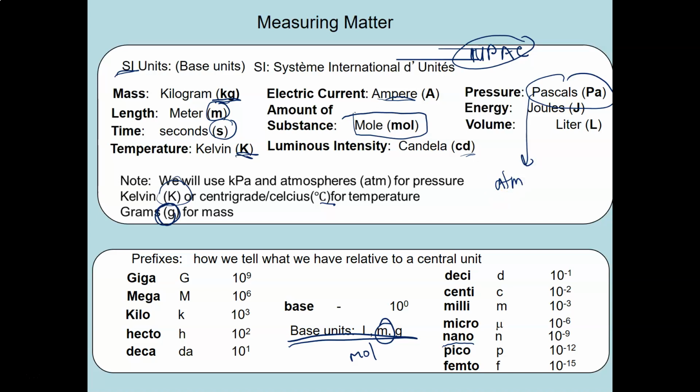It's really kilopascals that we use. Pascals and ATMs get converted back and forth. We will learn about millimeters of mercury, and we'll learn about torrs, because Torricelli was the one who developed a way to measure pressure. And I'm missing one. Oh, yeah, PSI, but we don't work with PSI.